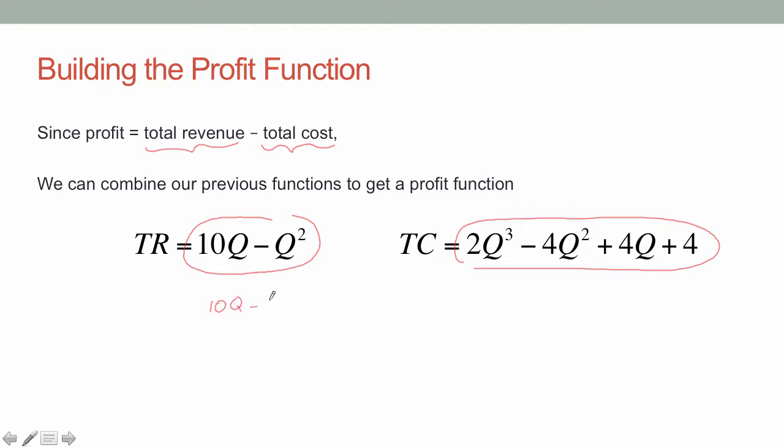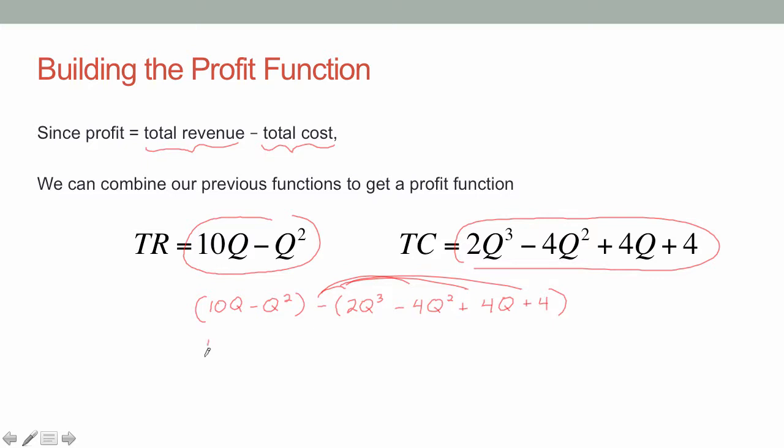So let's take 10q minus q squared. I'm going to take that polynomial, and I'm going to subtract off my cost polynomial, 2q cubed minus 4q squared plus 4q plus 4. If I do my polynomial subtraction, I need to distribute the negative sign.